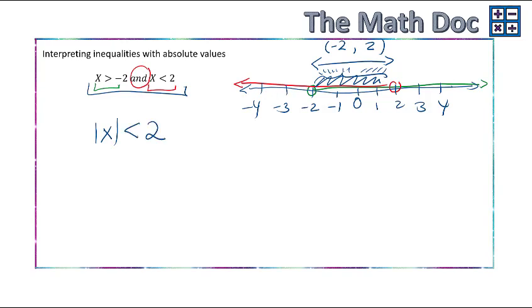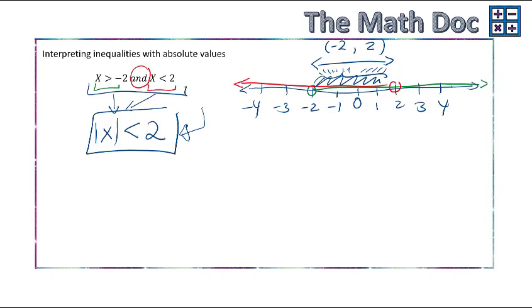So these two inequalities can be combined together to the absolute value of x is less than 2. So you see, this is sort of an interpretation of what we have here. We have a compound inequality with two inequalities that end up with this single absolute value inequality.